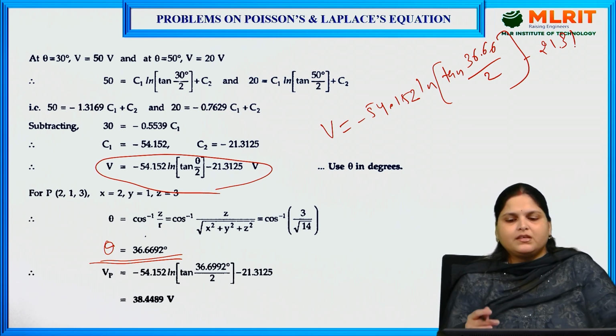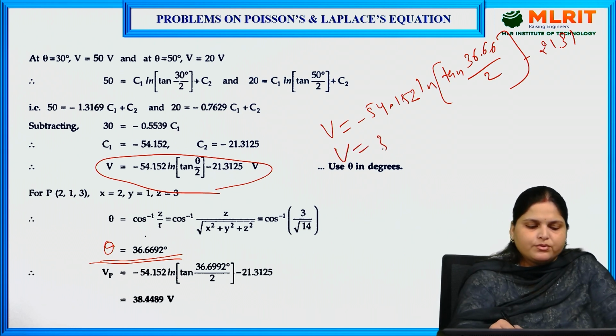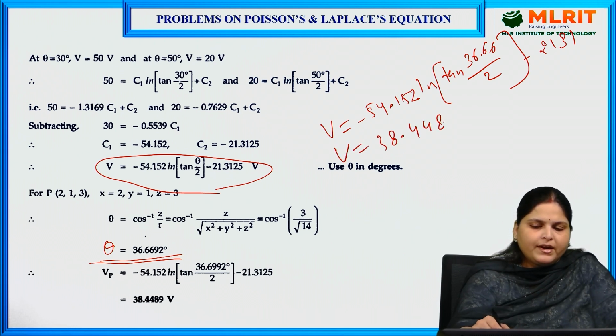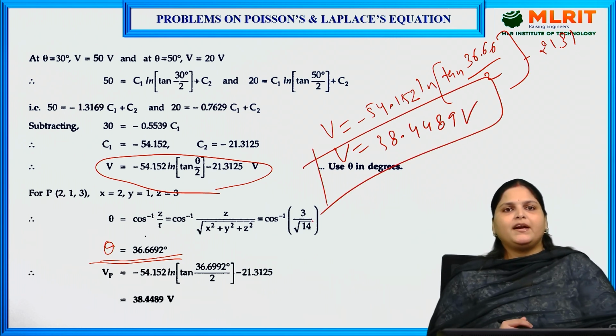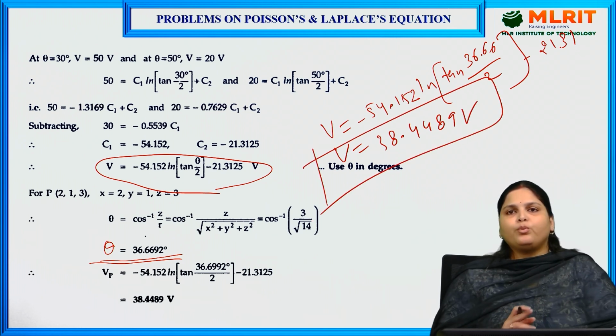And when we further solve it, we get V is equals to 38.4489 volt. This is the answer. This is the potential at point P(2,1,3).